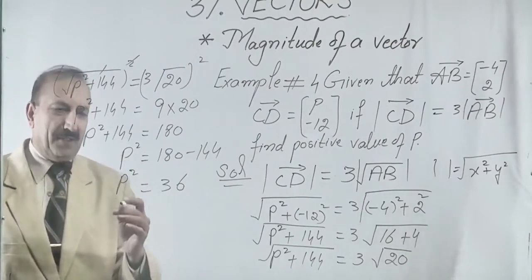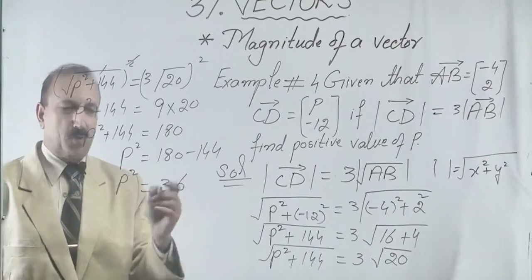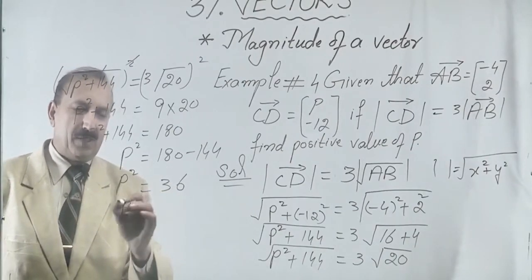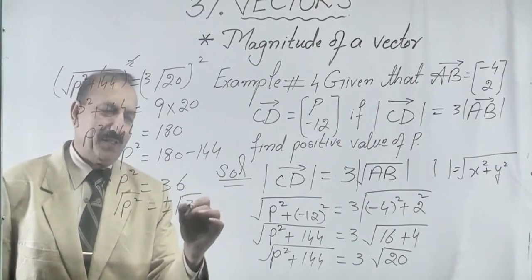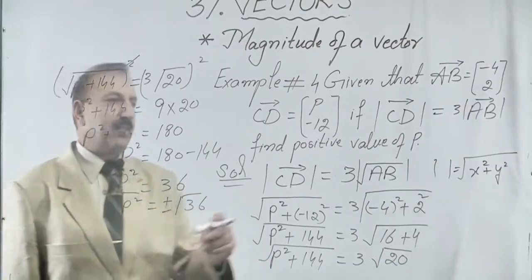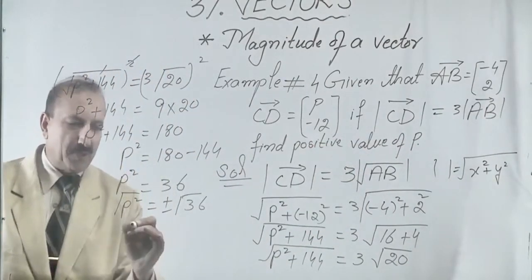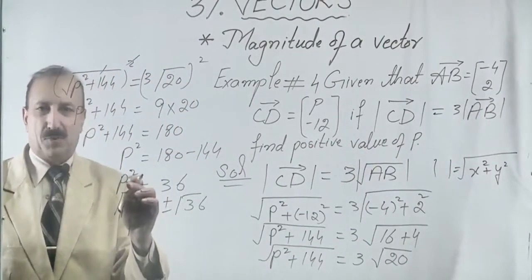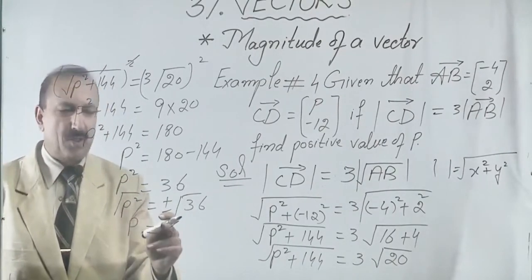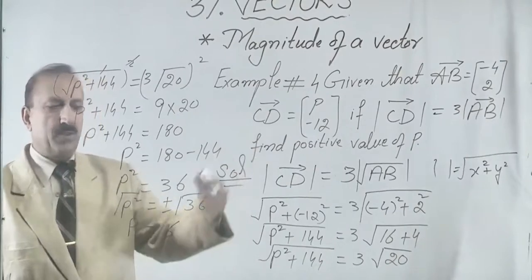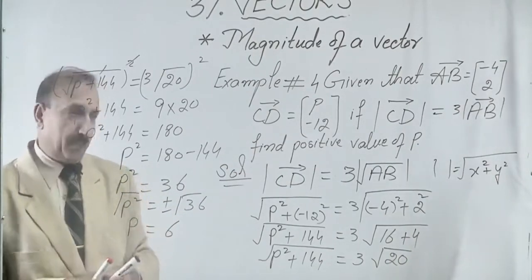So now we want to find P. We have a square value, so we will take the square root on both sides. This is the square root of P square equal to plus minus the square root of 36. As it was mentioned in the question, we are supposed to find the positive value of P. So therefore, these two cancel with the square root, and P has a value 6. We won't write negative here because we only need a positive value. So the value of P is 6 in this situation.